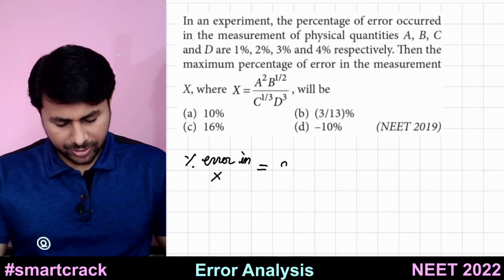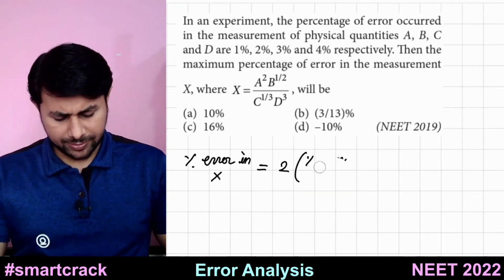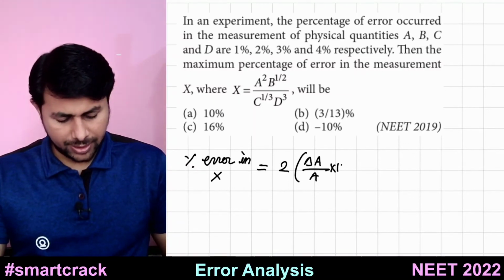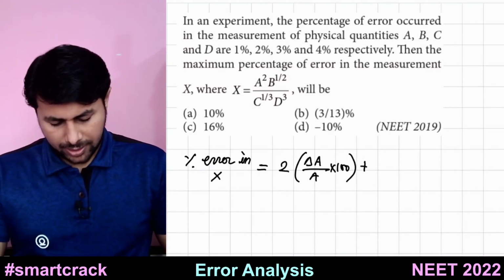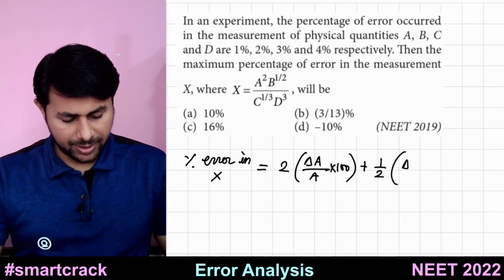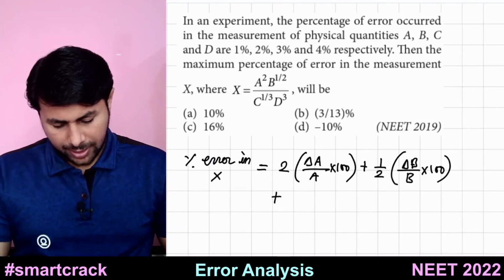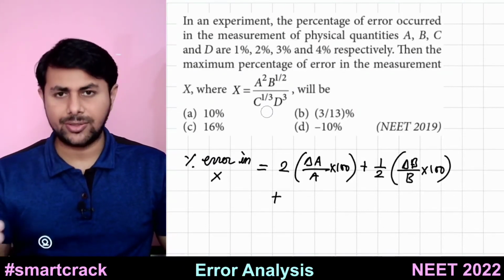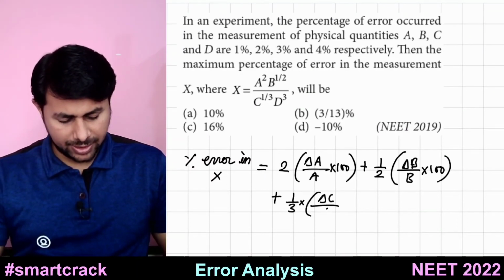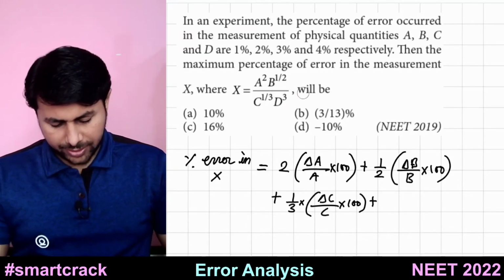So it is 2 times percentage error in A. I will write delta A upon A into 100, plus, because there is B raised to half, so we have half times delta B upon B into 100, plus it's in denominator C raised to 1/3, so it is 1 by 3 times delta C upon C into 100, and plus we have D raised to 3.